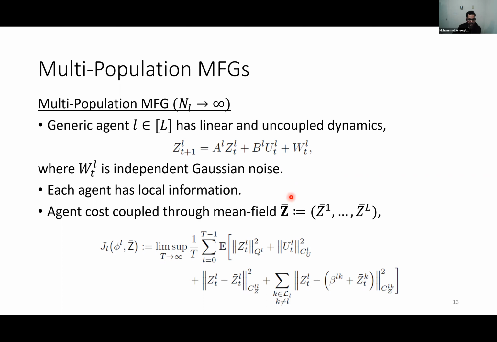Each agent still has local information, and now the coupling comes into the costs through this mean field term, which is the concatenation of the mean fields of all the different populations. We can write it as a tracking control problem, where each agent wants consensus inside its population, and with its neighboring populations can choose to have a difference of opinion.